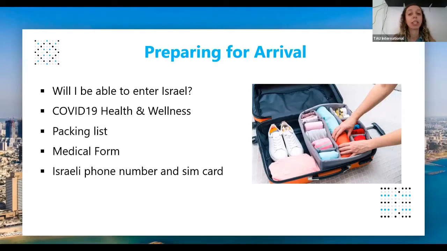Of course, we can't guarantee that you will be able to physically come to campus. We really hope so, and we're very optimistic about it. But some factors are obviously out of our hands. So academically, TAU International is also preparing for the possibility of online classes, especially for the first semester.